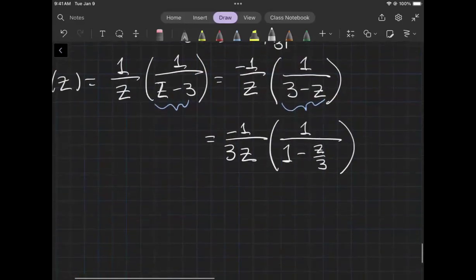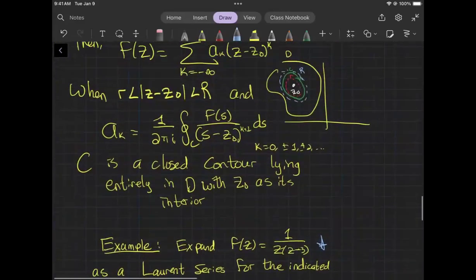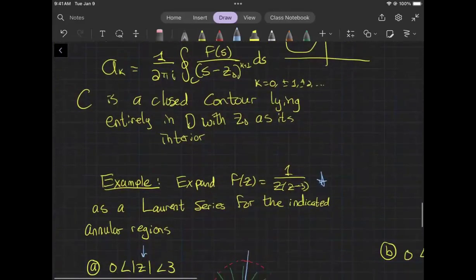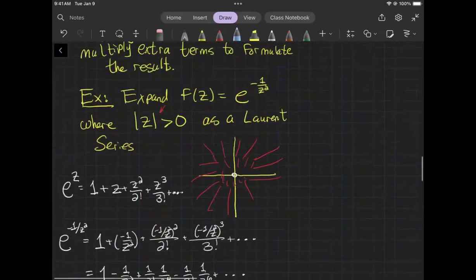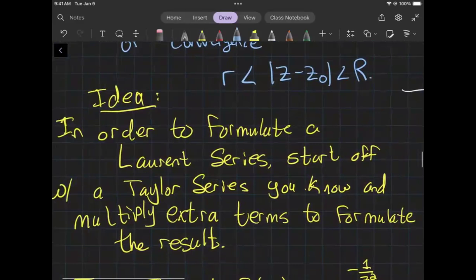Well, we can formulate a Taylor series for this quantity, 1 over 1 minus z over 3, and that is what I was referring to in this fact right here.